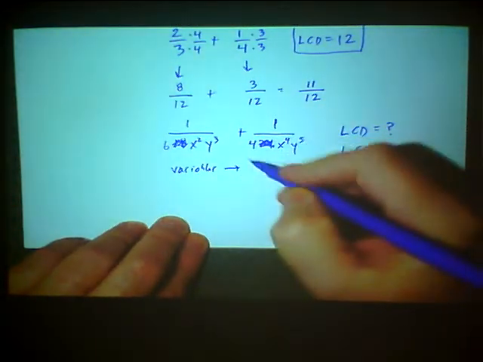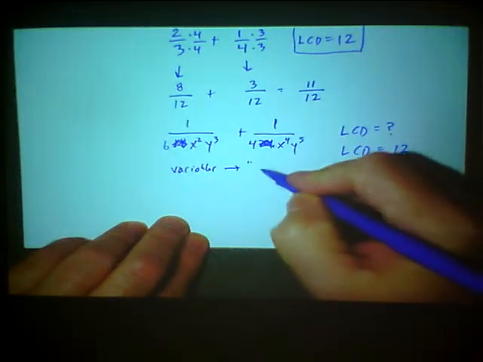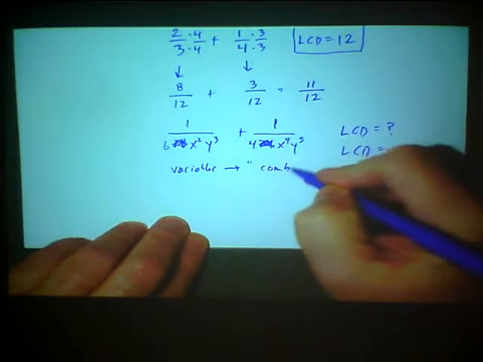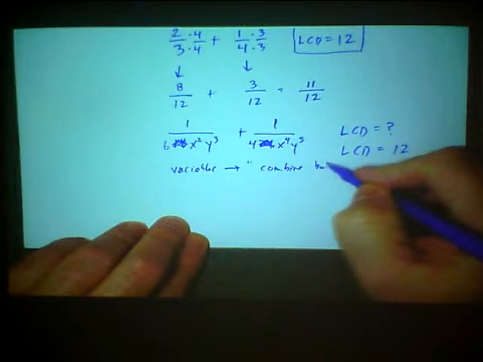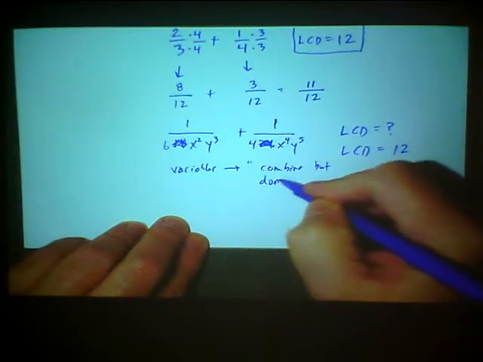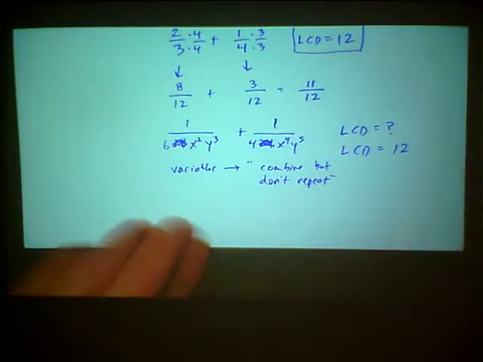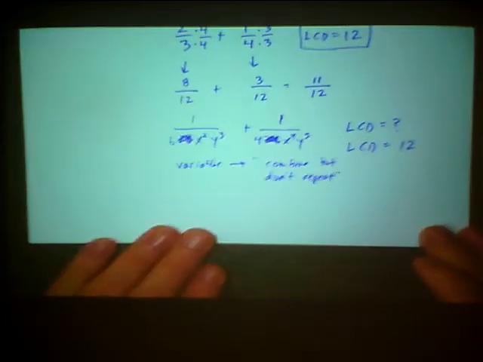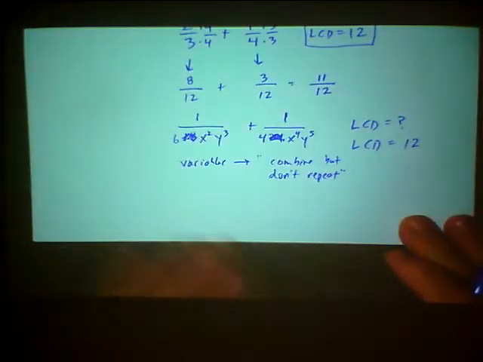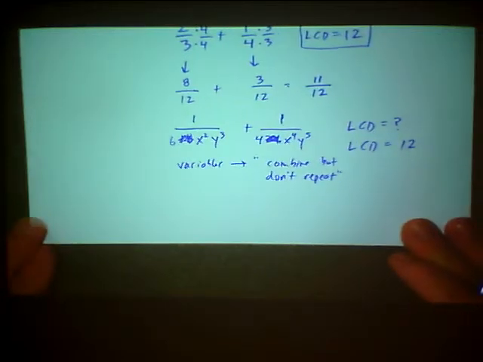For the variables, let me just describe how I like to do it. I like to use this phrase, combine but don't repeat. And maybe see if I can describe to you what I'm talking about here. Combine but don't repeat.